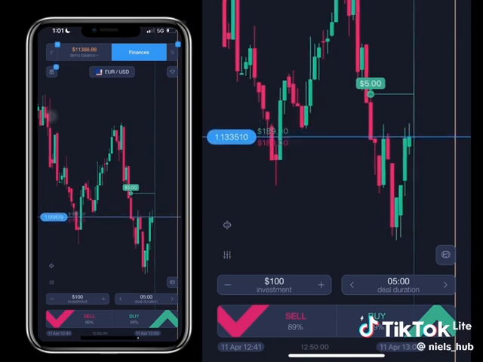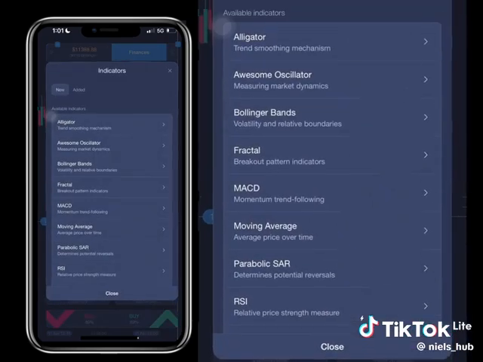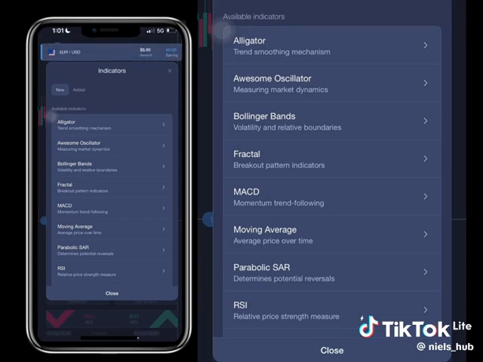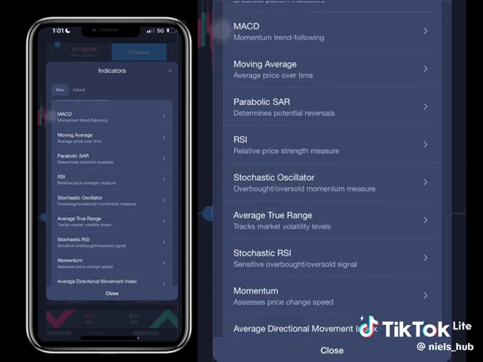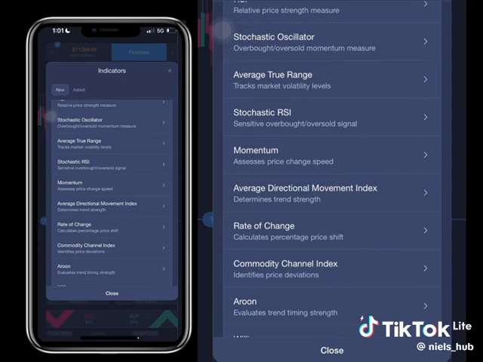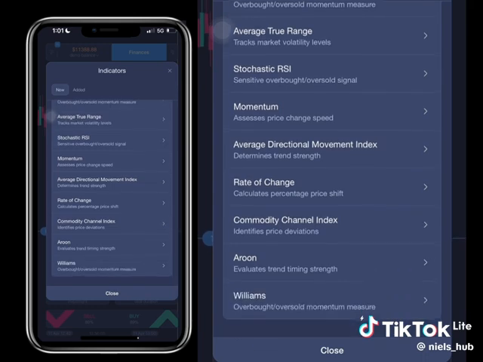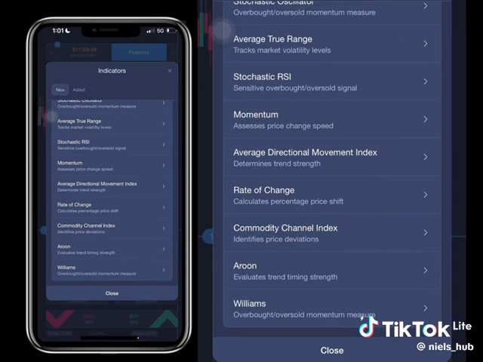Now, if you want to add indicators, there are several indicators here. Second one here, yes, this is indicators. I lost this $5. There is alligator, oscillator, Bollinger Band, fractal, MACD, moving average. All these are indicators, and indicators are technical tools that we use to confirm the direction of a pair or the price direction of any pair.